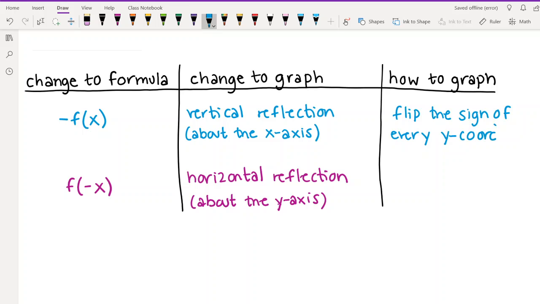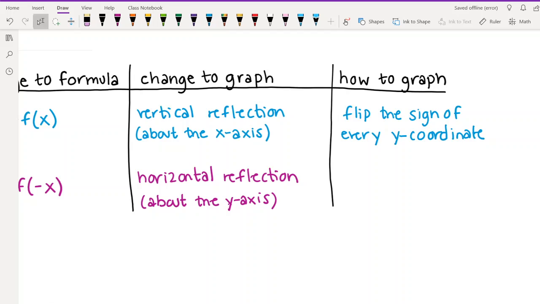The x-coordinates will not change their sign, but the y-coordinates will, because that's really what the negative sign is being applied to. And then for a horizontal reflection, instead you're going to flip the sign of every x-coordinate.